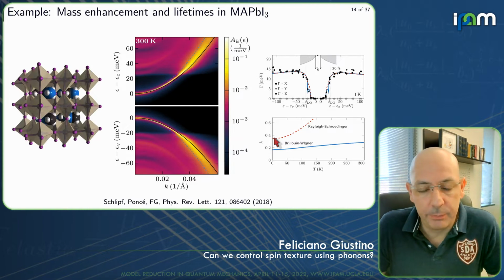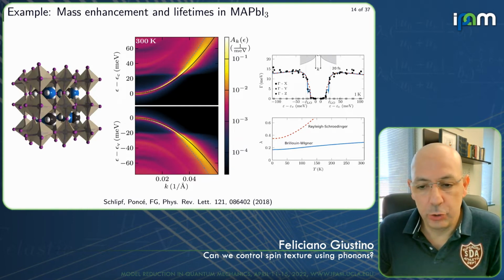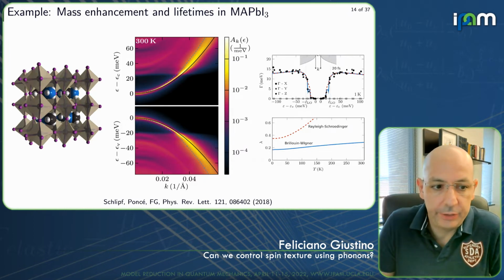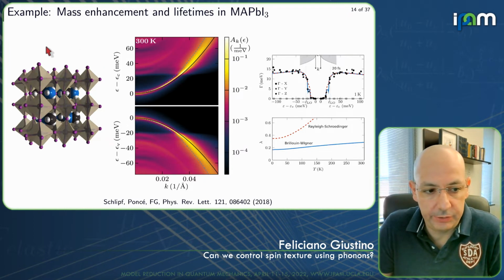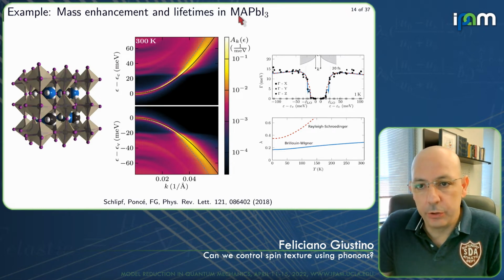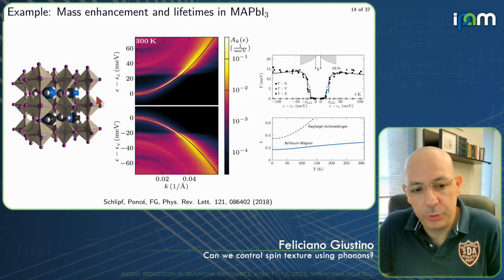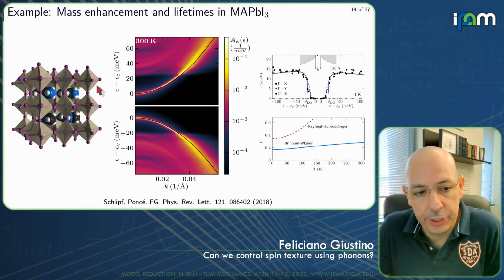So this is the first example, and it's an application to a material that is of interest for solar photovoltaics. This is the ball and stick model of this material. It's called methylammonium lead triiodide. It's something of a hybrid between an organic and an inorganic solid, because the scaffold here has to do with the lead and iodine, like an inorganic compound.